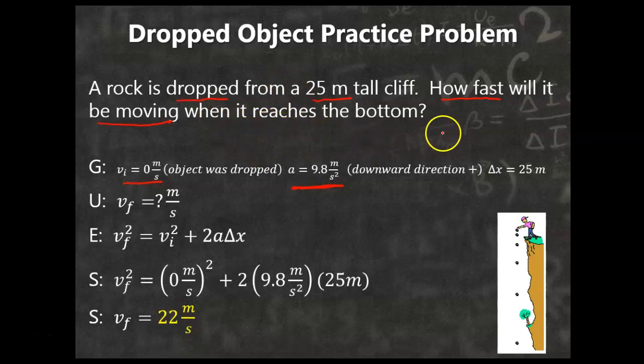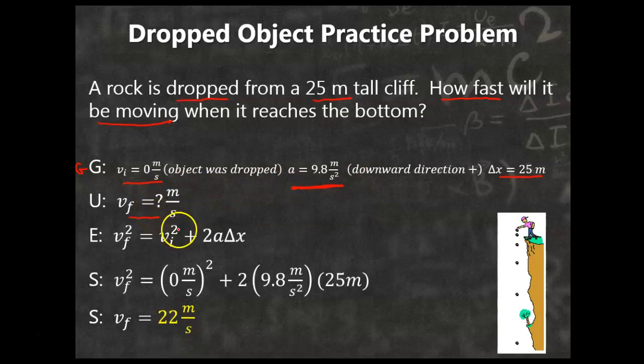And then our distance is 25 meters. What is our unknown? Final velocity. So our given information is initial velocity is 0, acceleration 9.8, distance or displacement is 25 meters. Our final velocity is what we're trying to figure out.